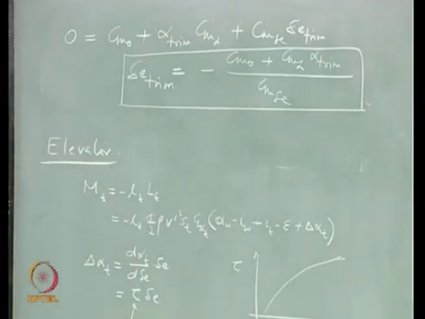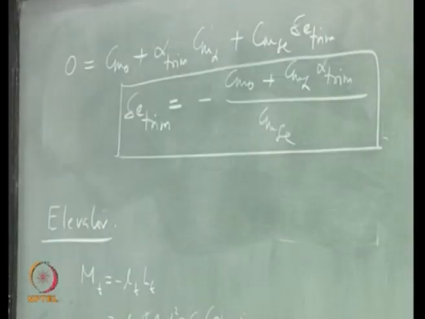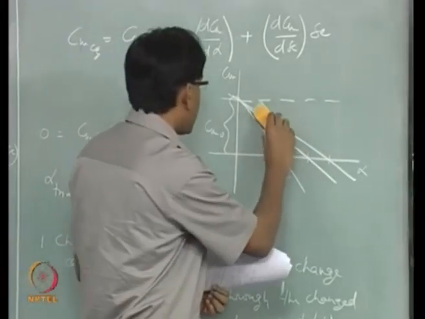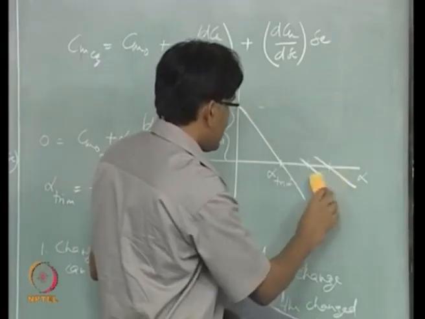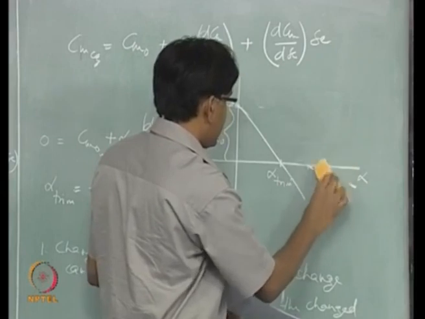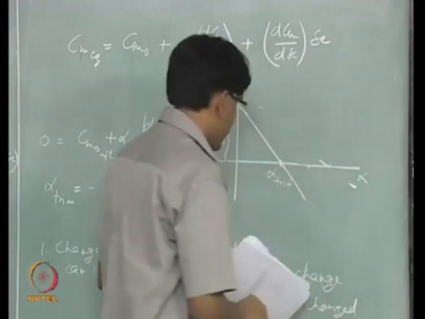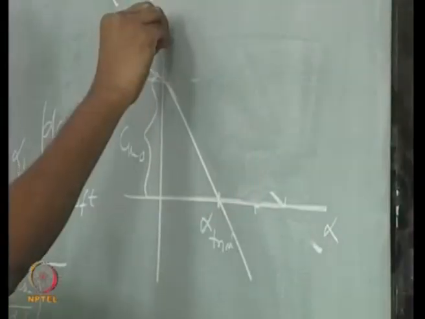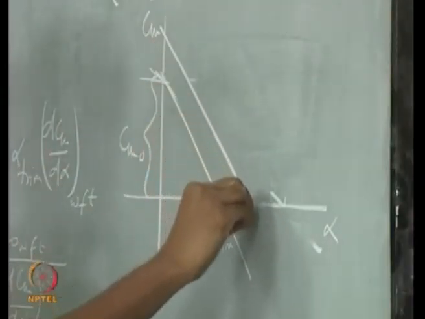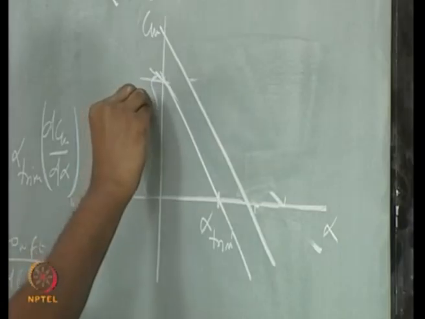So clearly it is going to change the trim, but not the stability, because this part is only going to add to Cm naught. So if you want to draw a corresponding Cm alpha curve, you will see this.